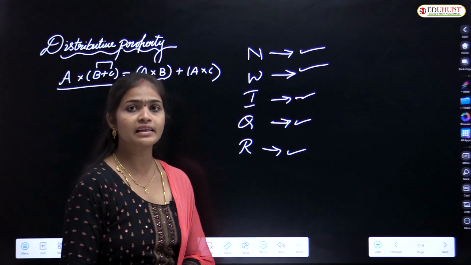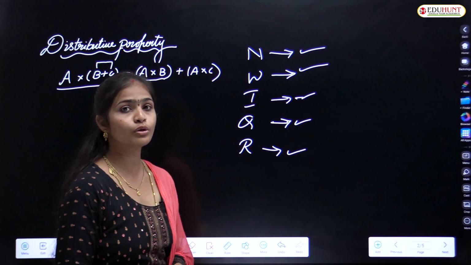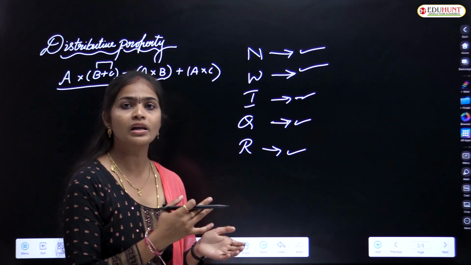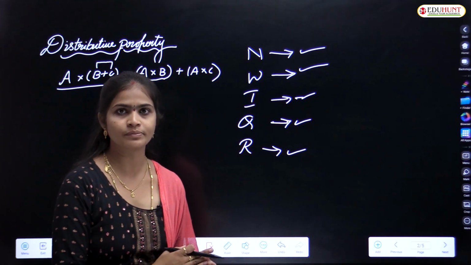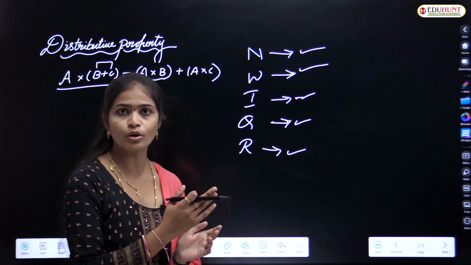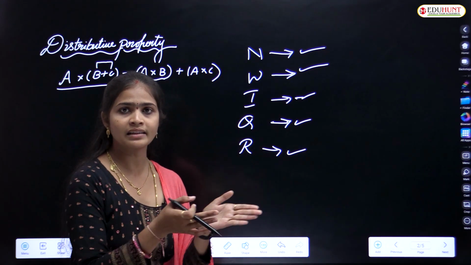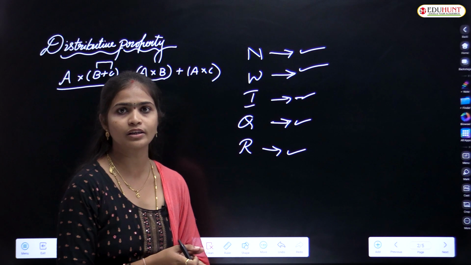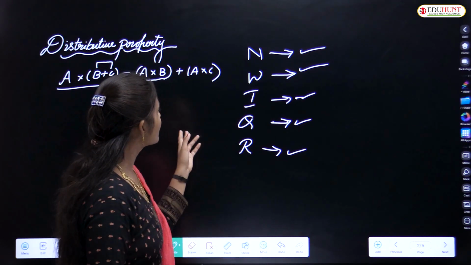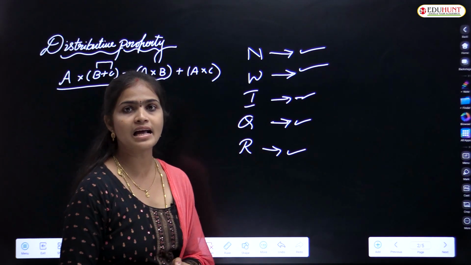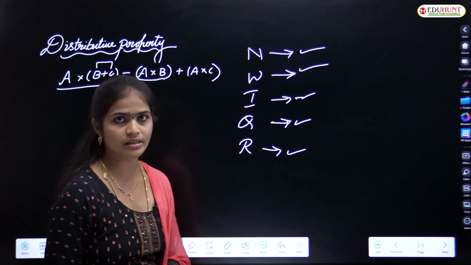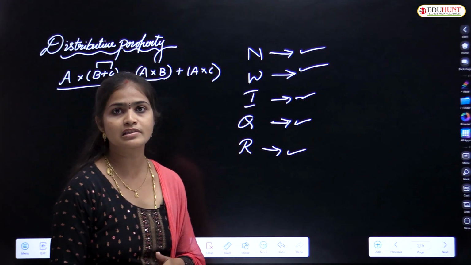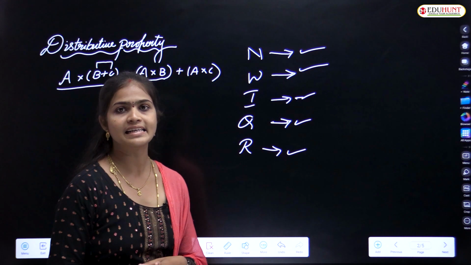So easily we can say that natural numbers are distributive over addition, whole numbers are distributive over addition, integers are distributive over addition. Here we are always taking addition, the sum of the total amount only, no? So next rational numbers are distributive over addition, and finally real numbers are also distributive over addition.